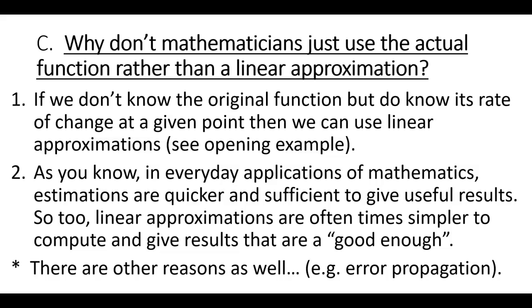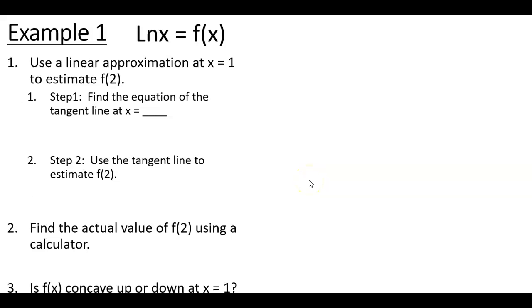And so what engineers will do is they will use linear approximations to get as close to a useful and good enough estimate whenever a perfect one is not possible. Okay, so now that's the background. That's what linear approximations are. So now let's go ahead and start jumping into some of the problems you're going to see.